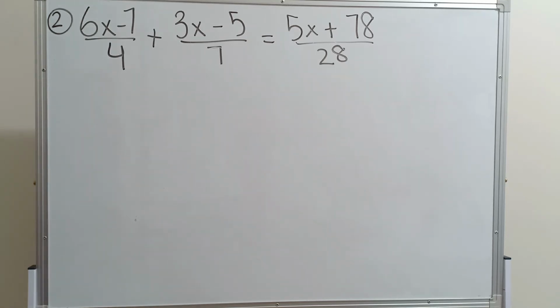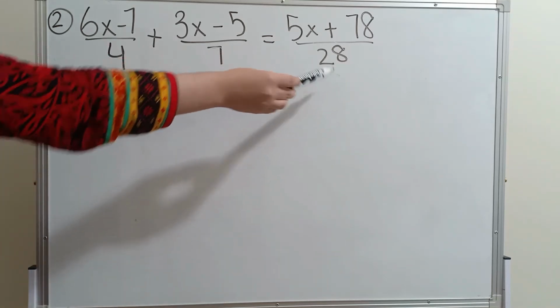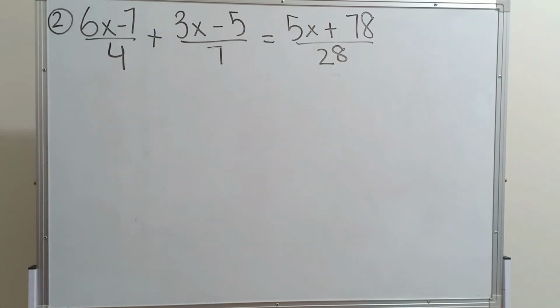And so let's start with what we are going to do the first thing. So we are going to multiply both of these sides by 28. The 28 that we have here, we're going to multiply these two fractions that we have by 28.